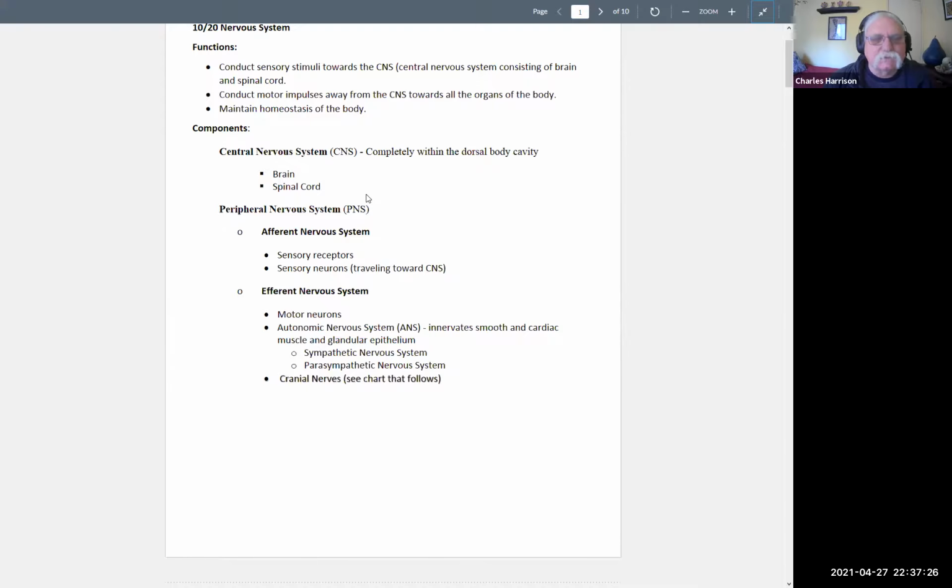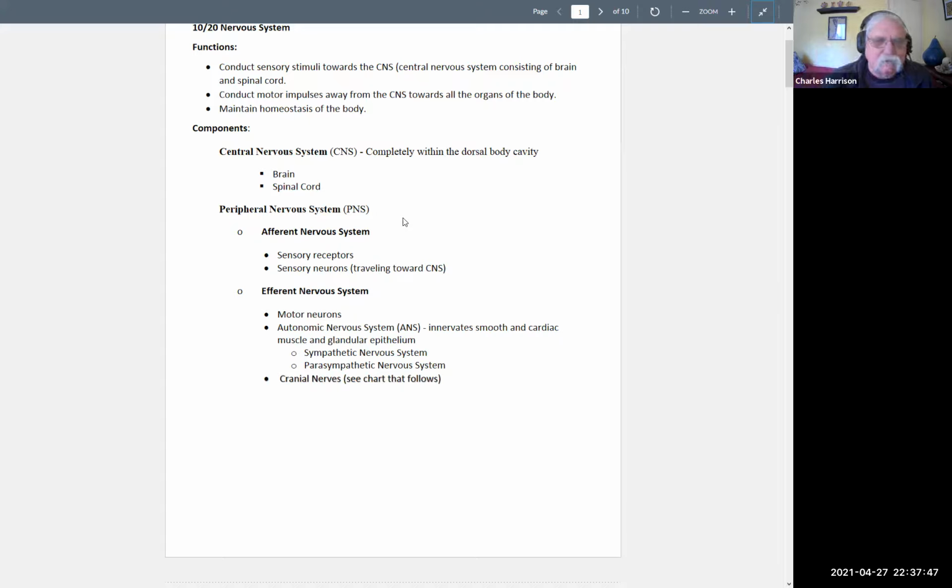The components of the nervous system include the central nervous system, which you know is the brain and the spinal cord. Everything must reach the brain or spinal cord to get a reaction of any sort. The peripheral nervous system is everything else.